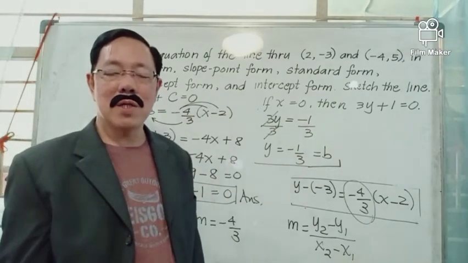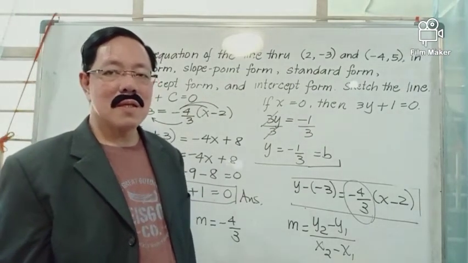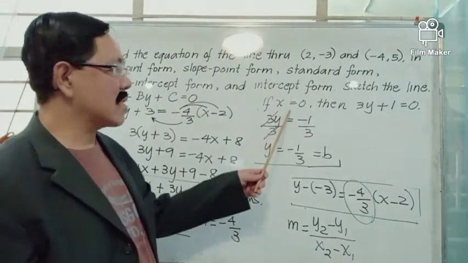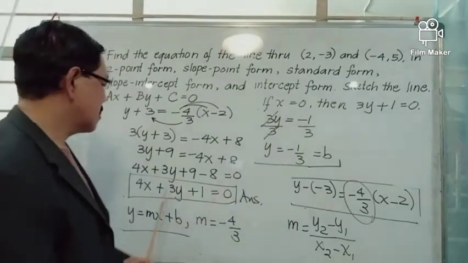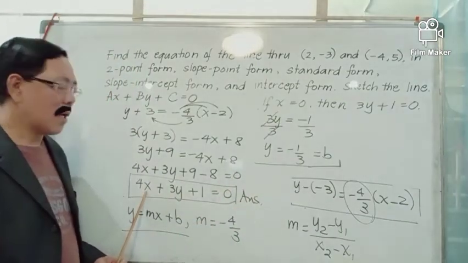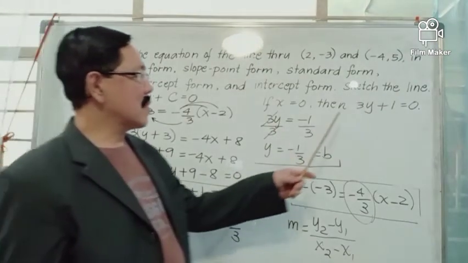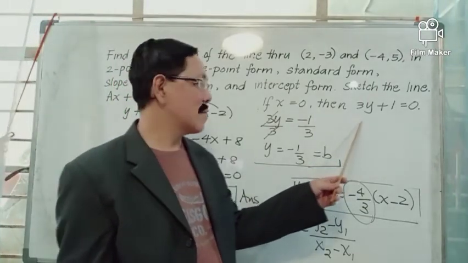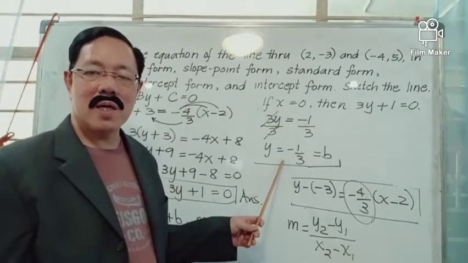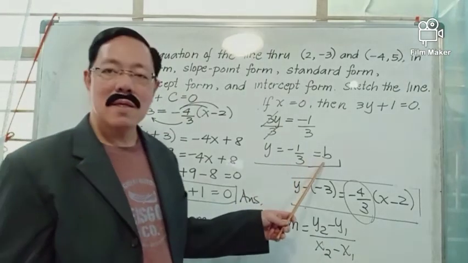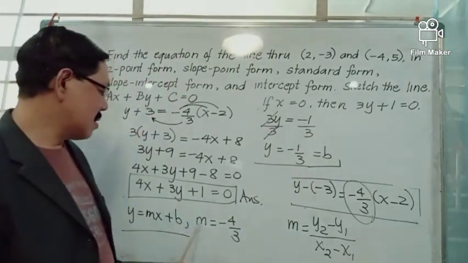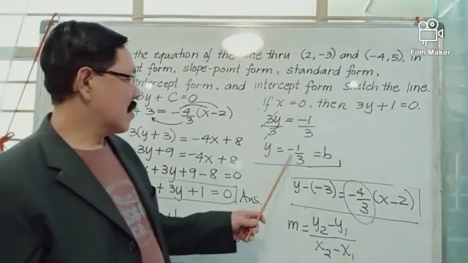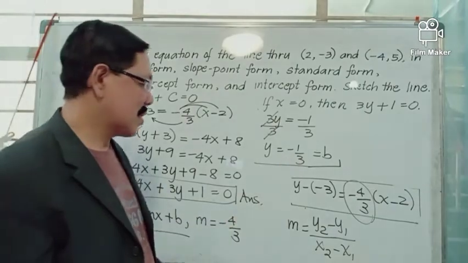It is a point on the y-axis. Since the y-intercept is a point on the y-axis, we set x to 0 in the general form of the equation of the line. After which we solve for y in the resulting linear equation in y only. And the value of y is the value of b in the slope-intercept form. Therefore, b equals negative 1/3.